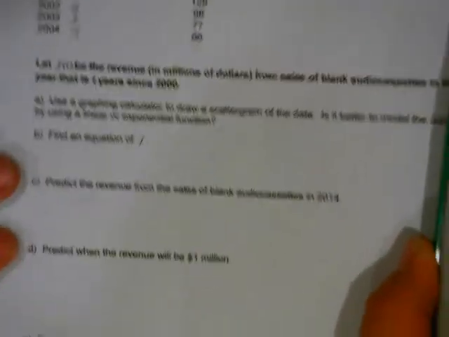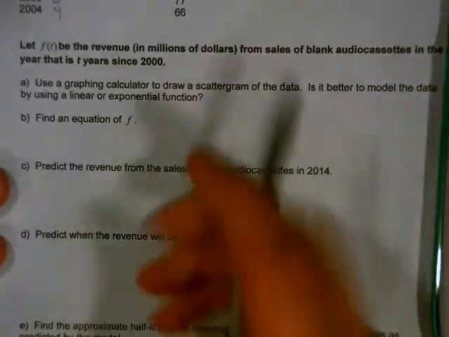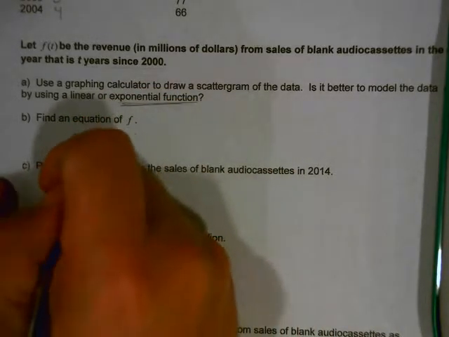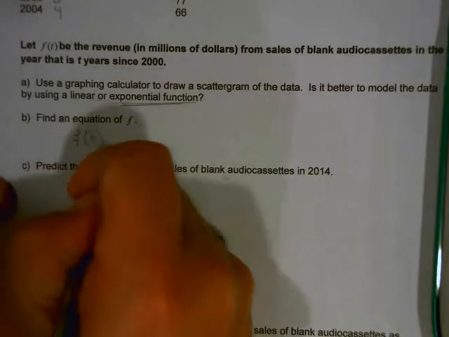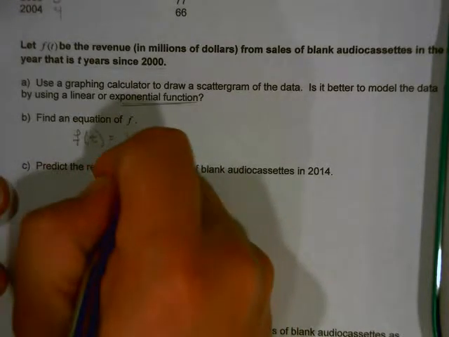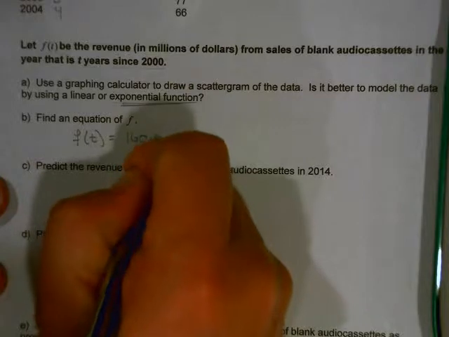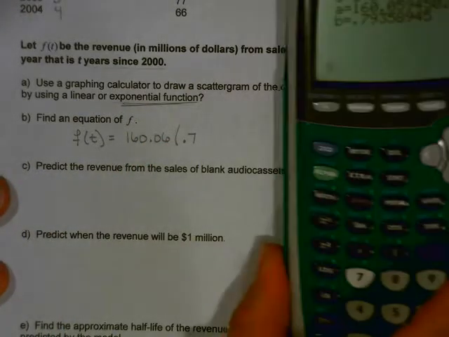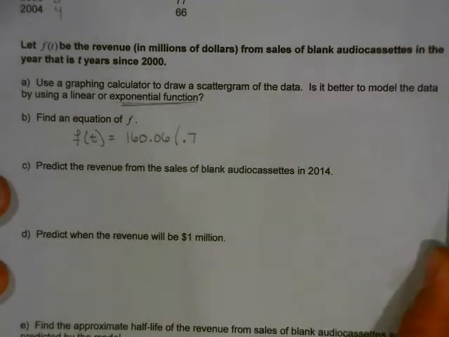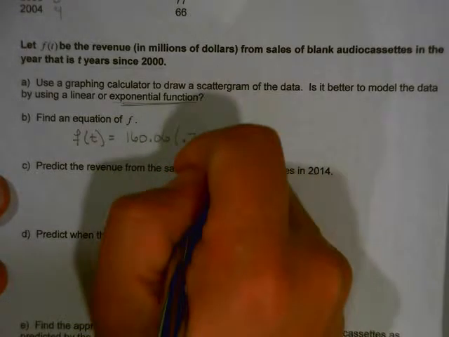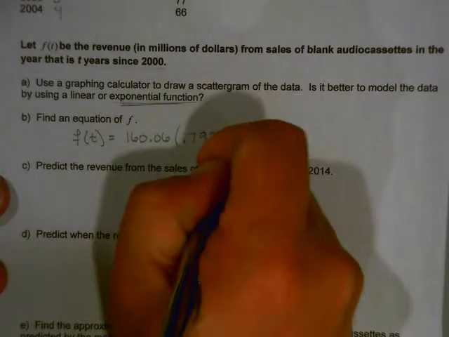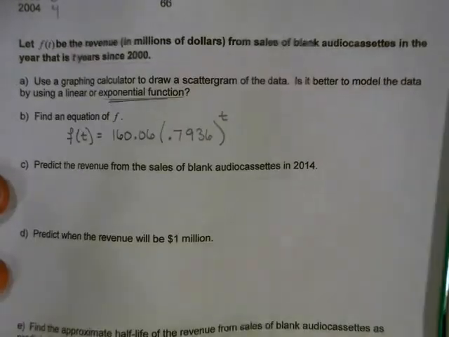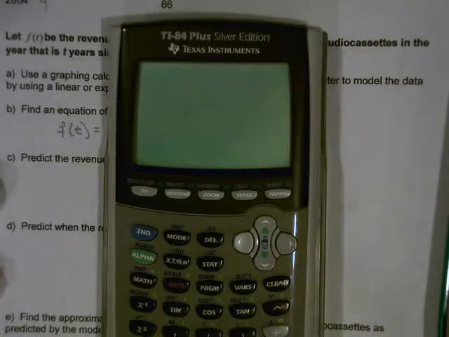So find the equation. I'm going to say it was an exponential. The equation f of t is equal to 160.06 times 0.7936 to the t.